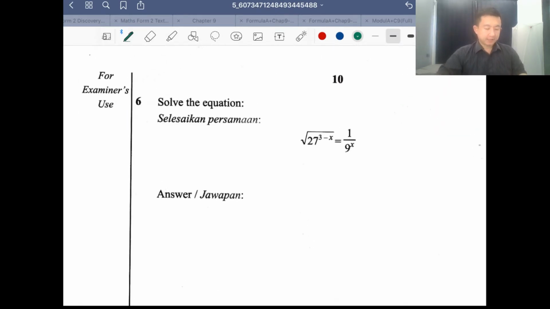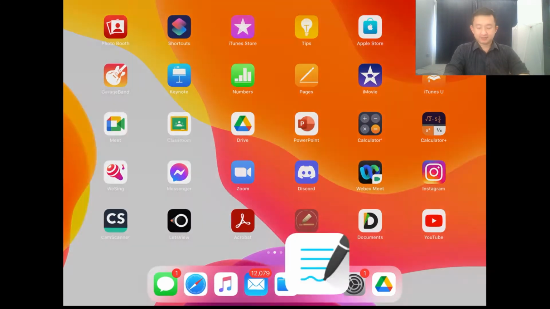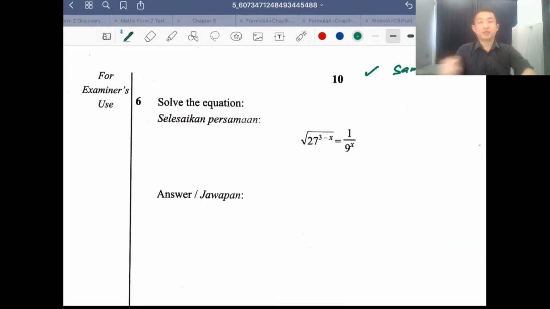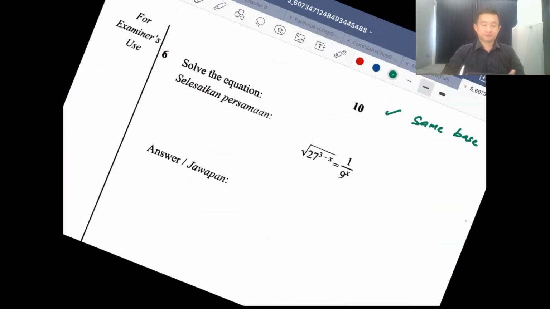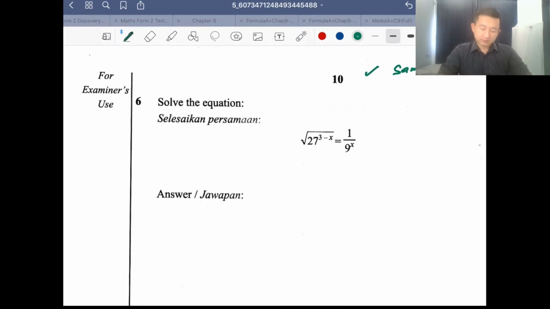Question number 6. Solving the equation. Now this is about indices. When you are handling indices, one important rule is you can always change them to the same base. Okay? Change them to the same base. So we know that 3 squared equals 9, 3 cubed equals 27.